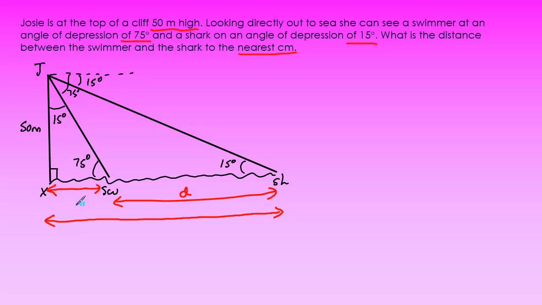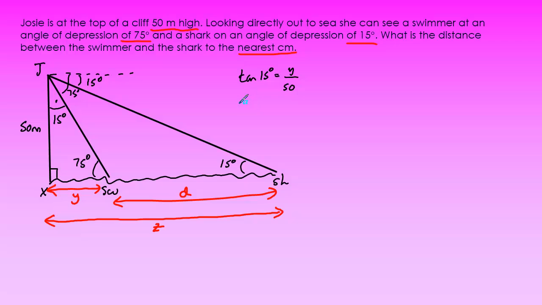So let's call this one Y and this one Z. So working in this small triangle here, we could say that the tangent of 15 degrees, it's this angle here, is the opposite divided by the adjacent.